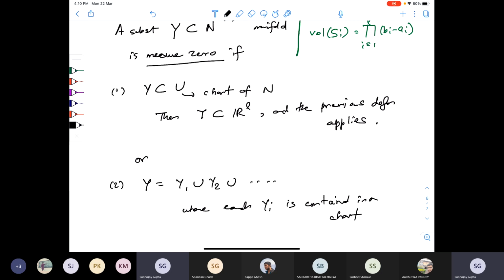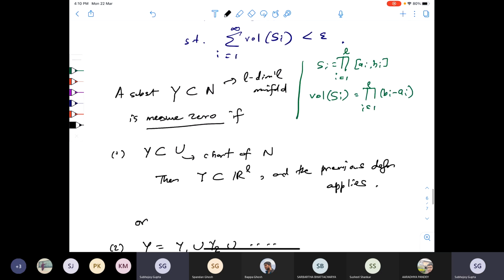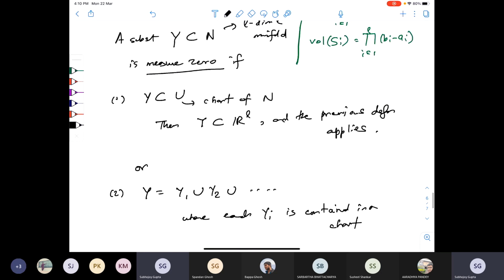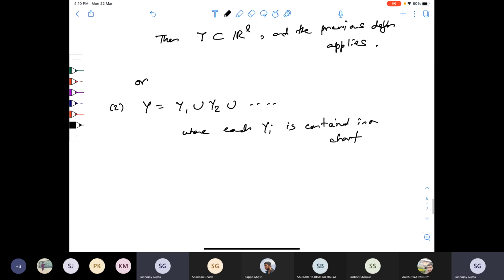And you know that there are countably many because N is second countable. Our manifolds are by assumption second countable, so you can always cover it with countably many charts, and so you can just take the intersections. Then you can require that each Yi is measure 0.